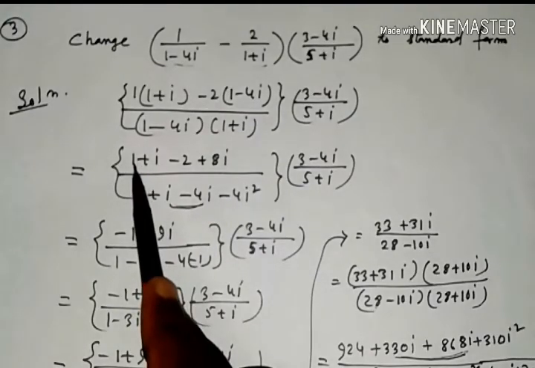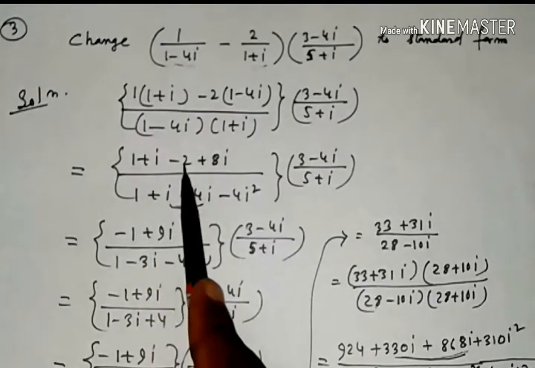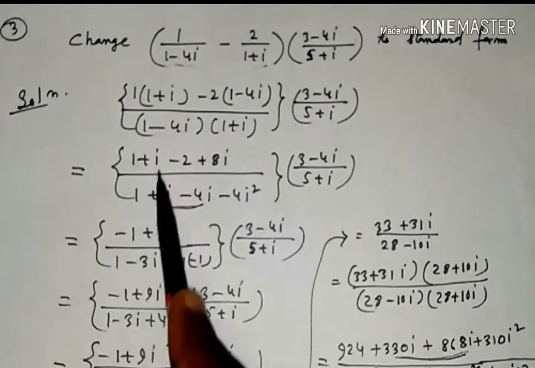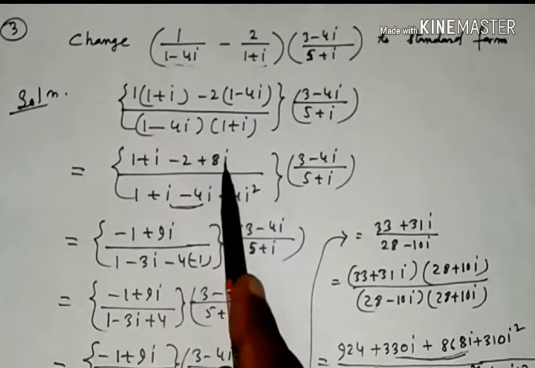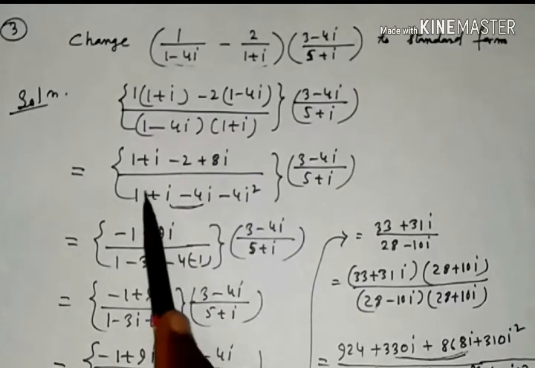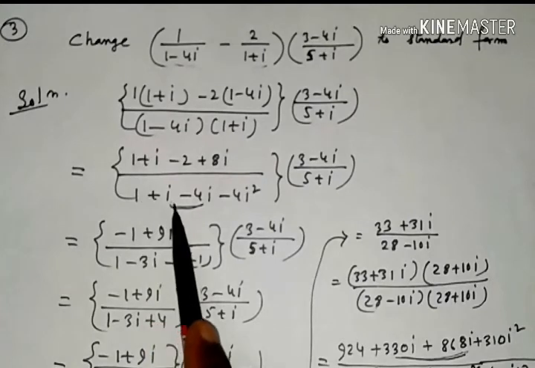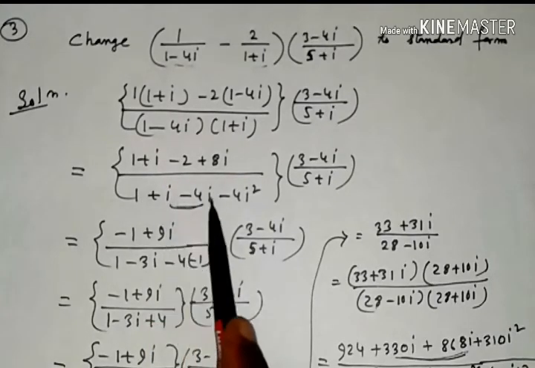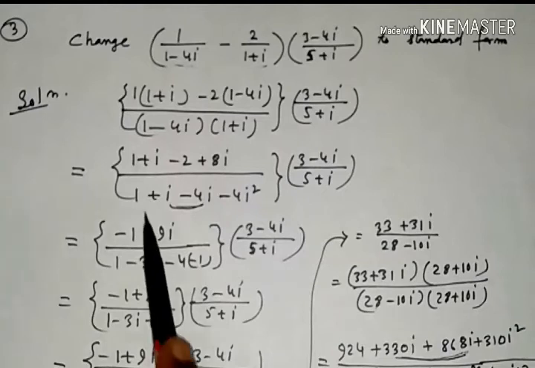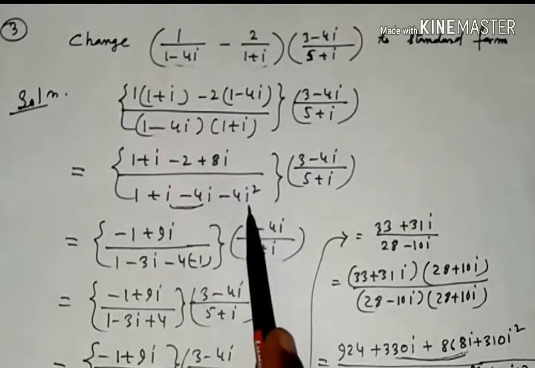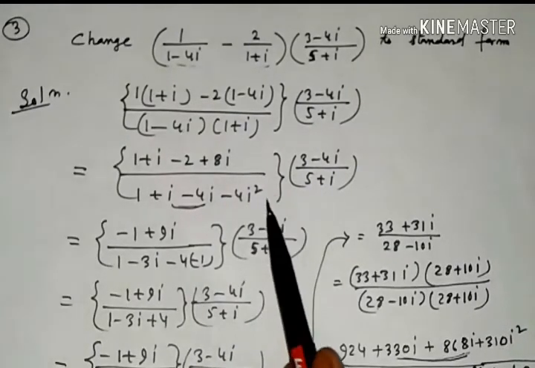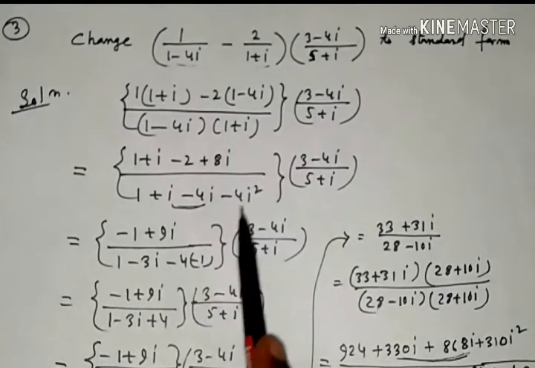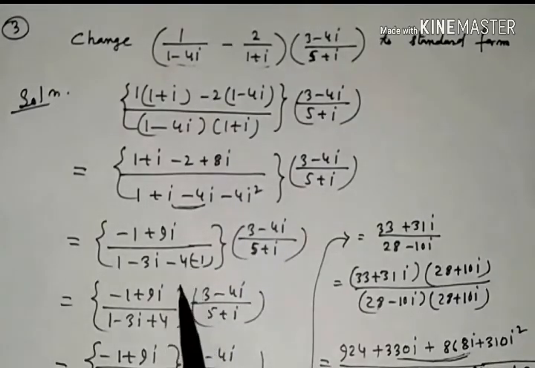Since i square is minus 1, this gives 1 minus 4i square, which is plus 4. So the numerator is minus 1 plus 9i.